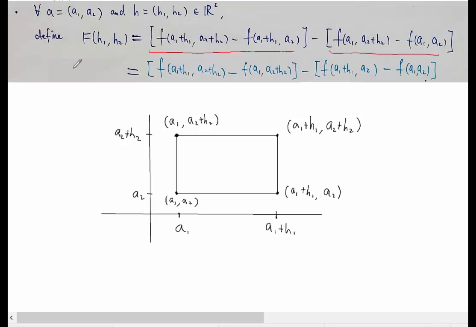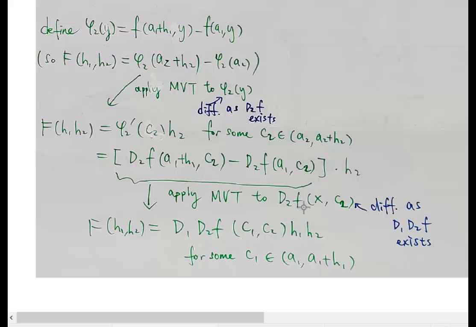Now next I would like to go back to the definition of the function capital F and rearrange the terms on the right hand side. Now this time the first difference is given by f of this point minus f of this point, whereas the second difference is given by f of this minus f of this. And then we repeat the previous argument. And here is the detail.